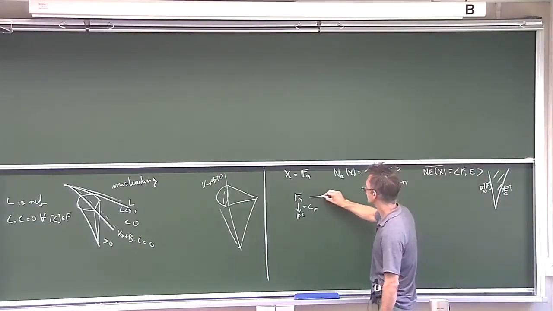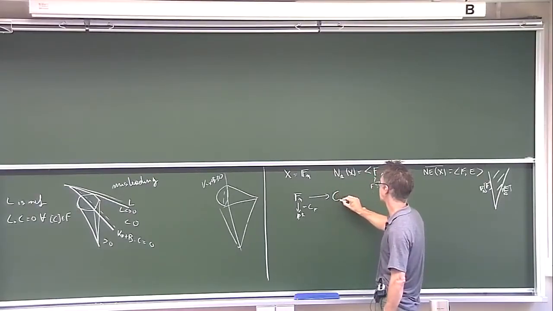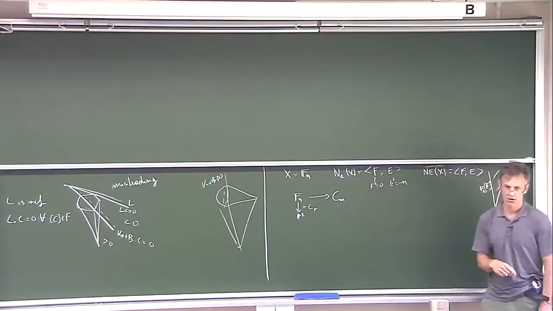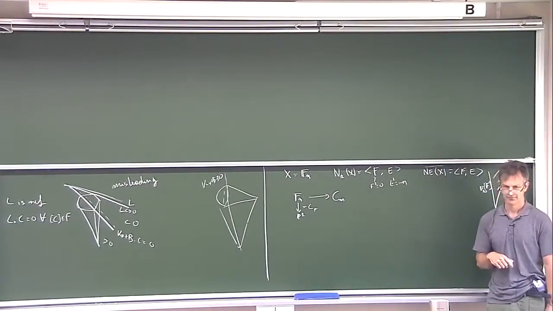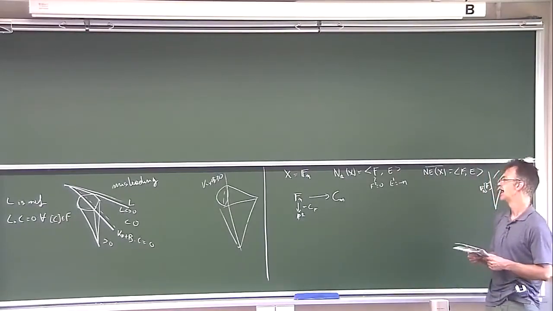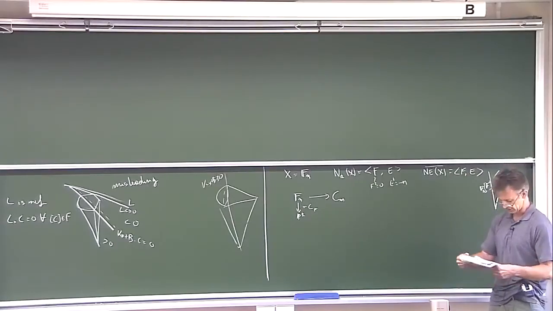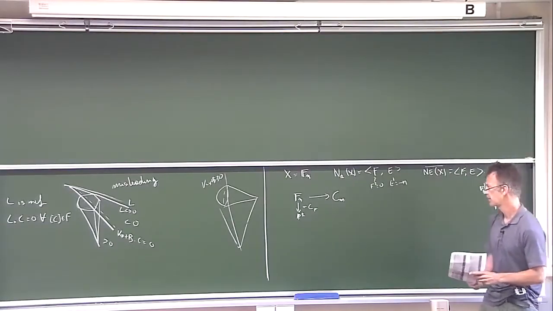Well, you can contract down E to get, maybe I'll call it Cn. This is a cone over a rational curve of degree n, right? So those are your two contractions in the setting, and you can check that they are kx negative. It's an easy computation. So that's one example.